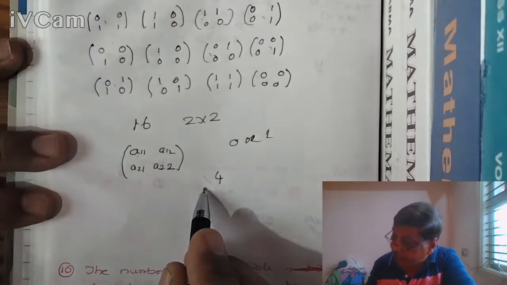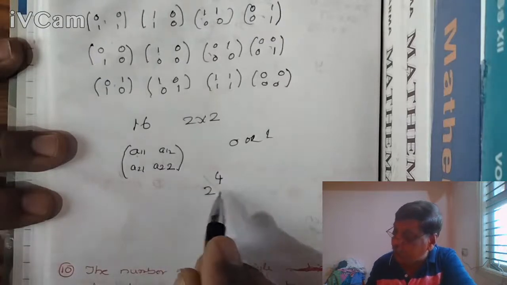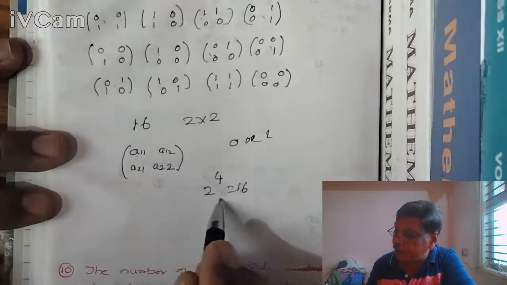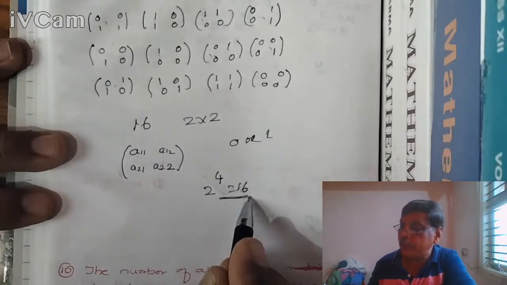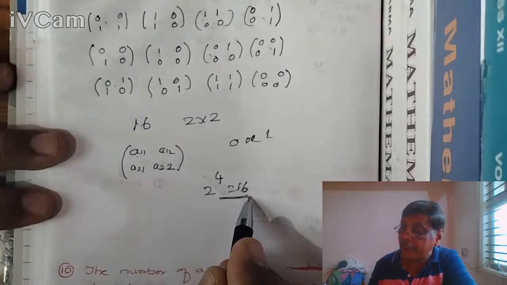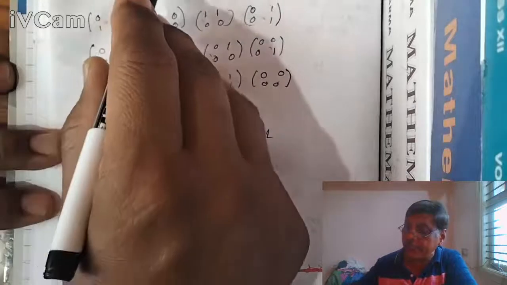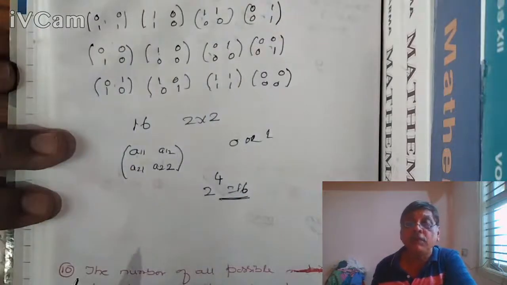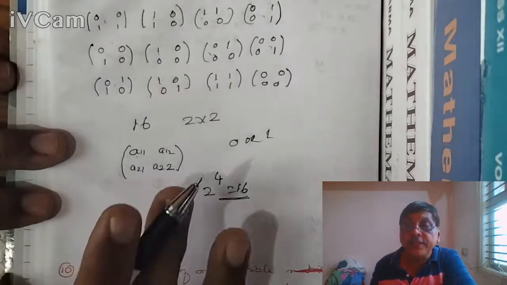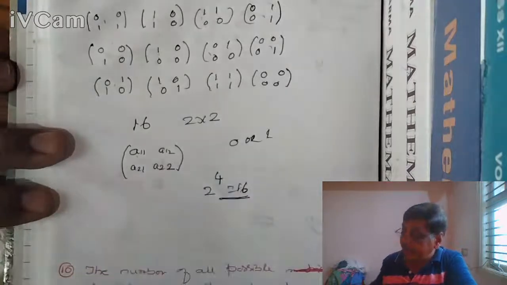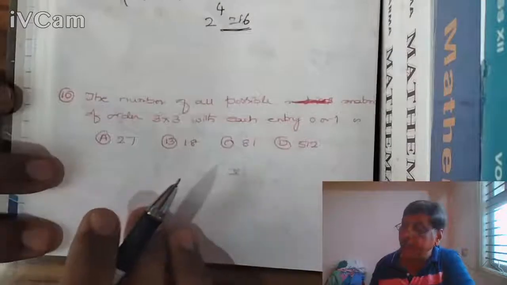So 2 to the power of 4 gives 16 possibilities, different types of matrices with entries 0 or 1. Got it or not? Keeping this in mind, now we can solve the question number 10.